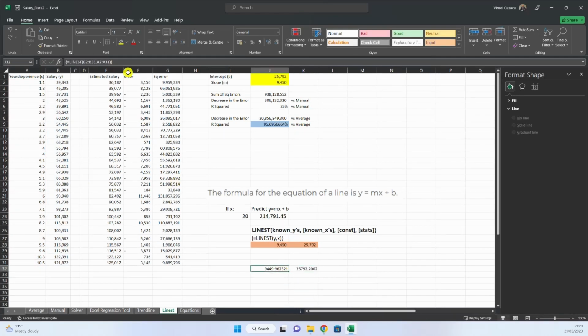Now, as you can see, Excel put some curly brackets here because it's an array formula, and it gives us the slope and the intercept. So now we have all the data needed to construct our equation.